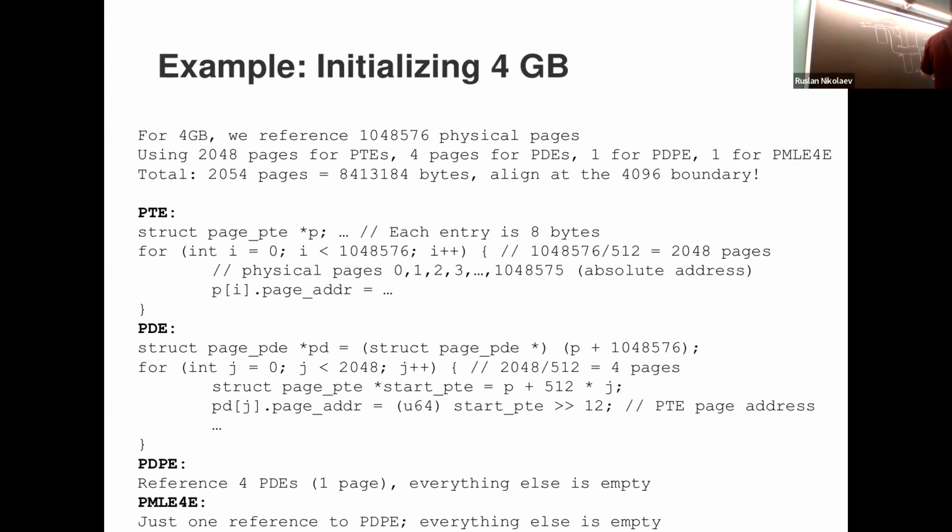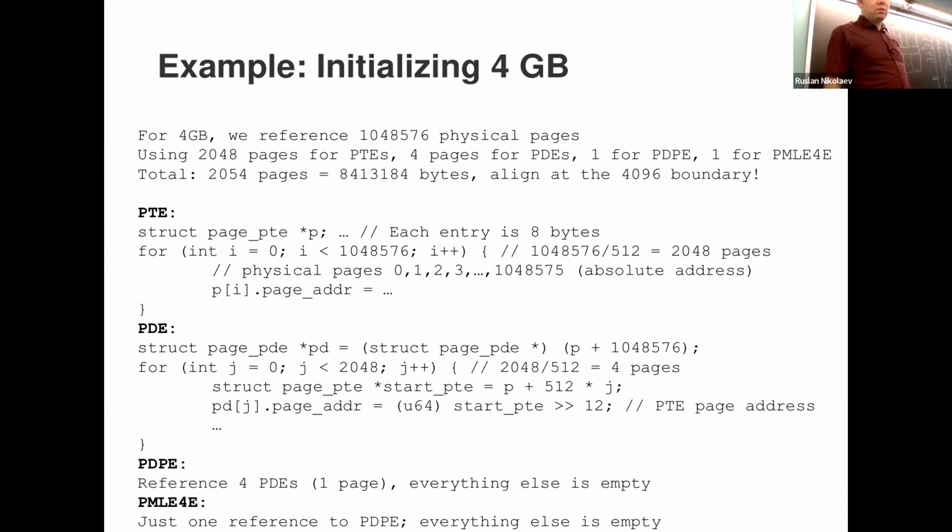Because 512 multiplied by 2. Then P plus 1536, P plus 2048, and so on. This is just because the counter keeps changing. So 0, 512, 1024, and so on. So you multiply 512 by J.